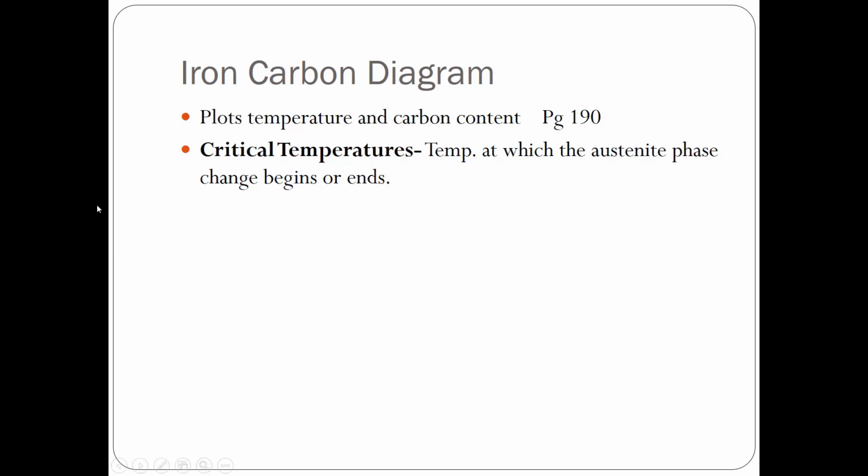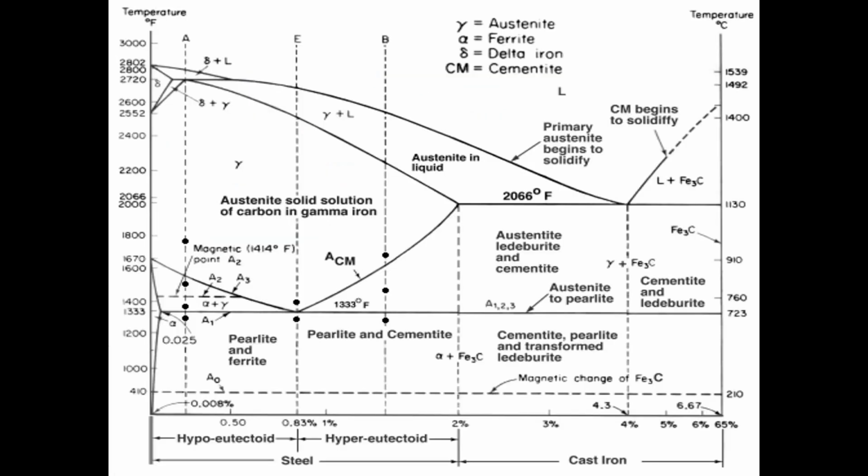Critical temperatures. What are our critical temperatures? The lower critical temperature for all steels is 1333 degrees Fahrenheit, right? That's the horizontal line on the iron carbon phase diagram. And know what the upper critical temperature is by definition, not by temperature number, but by definition. And the upper critical temperatures are these two lines right here. There's the upper critical temperature, and there's the upper critical temperature.